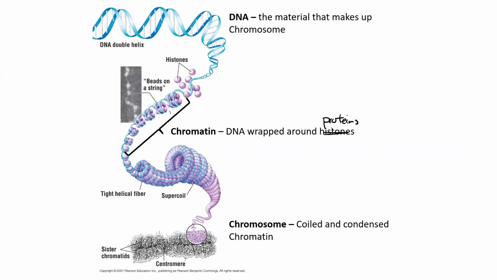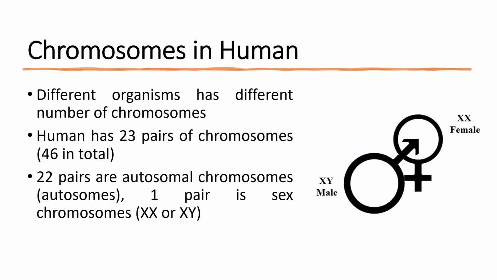I asked you many times already how many chromosomes we have in the body, right? By now you should know it is 23 pairs, which is 46 chromosomes. You get 23 chromosomes from the father and 23 from the mother, and that creates 46 chromosomes.